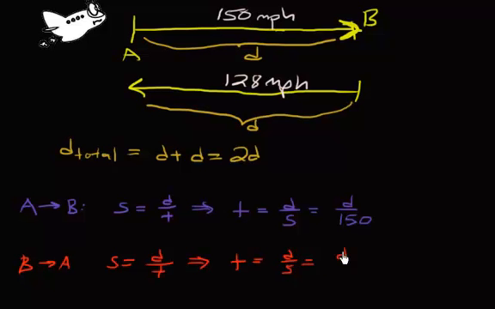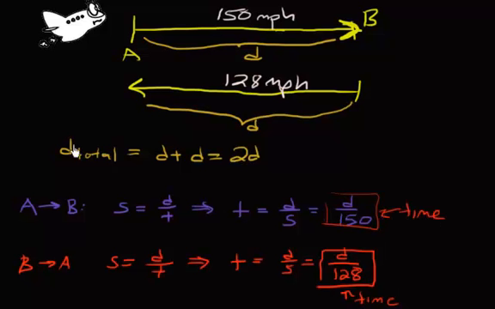They're both D, but this one's traveling at a slower speed, so that's 128. Now this is time, and then the time to go from B to A, and this is also a time. These are actually the two times we need.